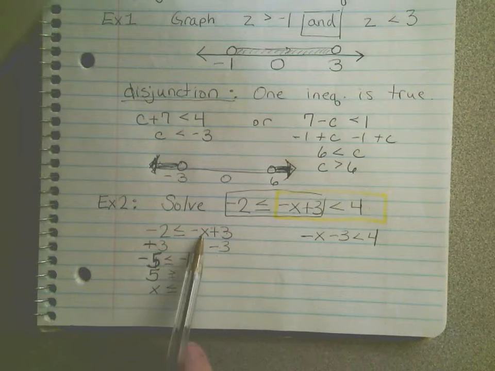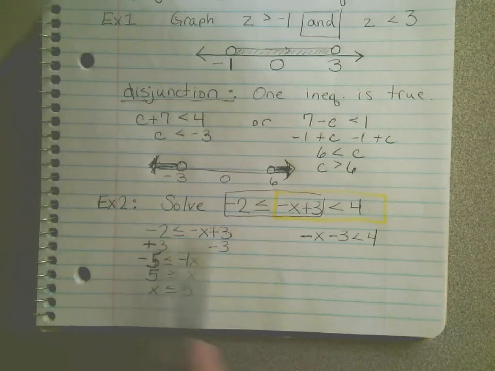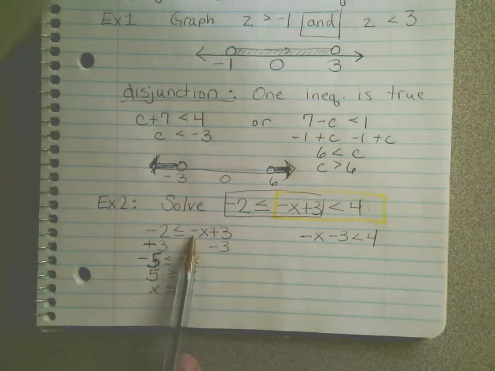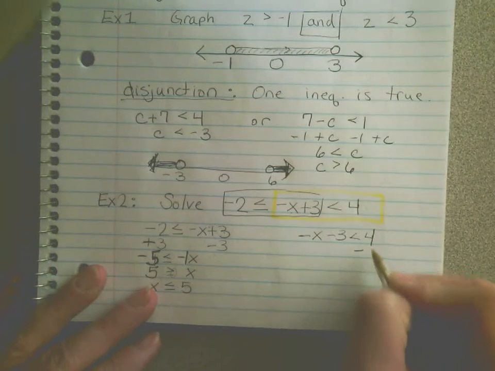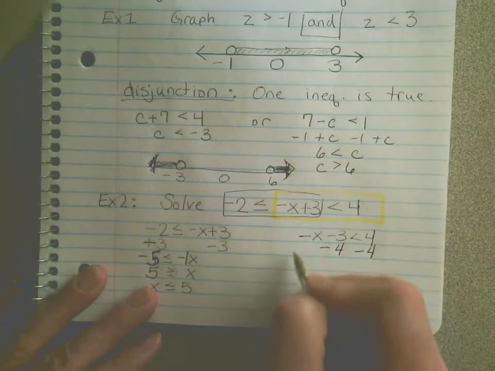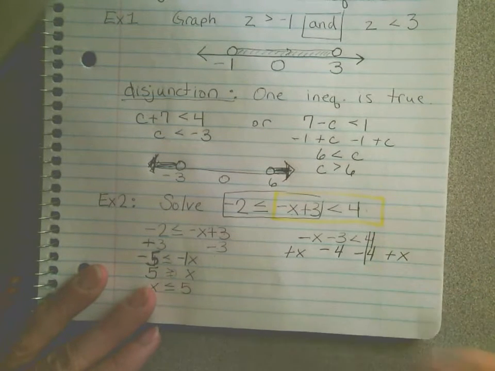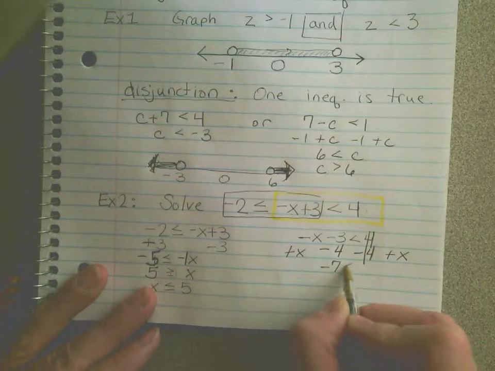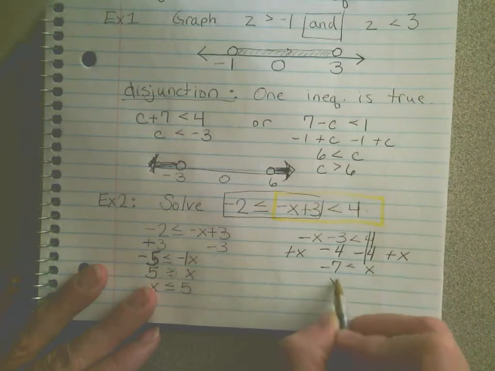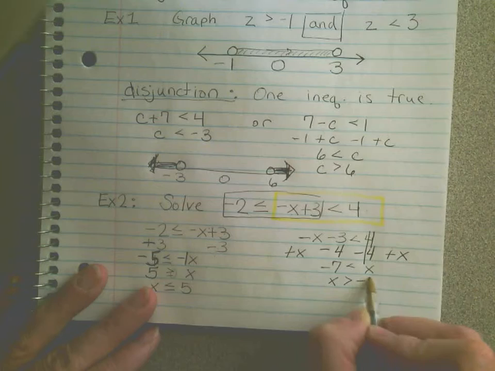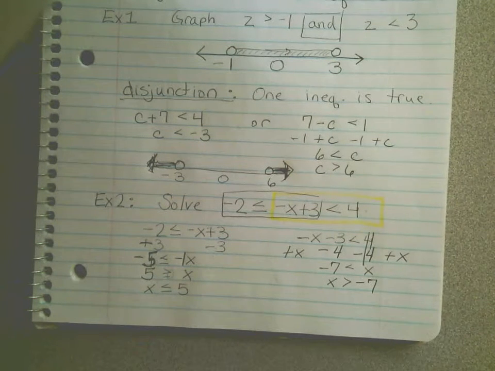The other way to do these is to simply add the x and add the 3, and then you wouldn't have all this flippy flopping. That's why I usually add a variable if it's a negative, just to save myself the hassle. I'm going to add the x, which gives me negative 7 is less than a positive x, which means x is greater than negative 7. Does that make sense?